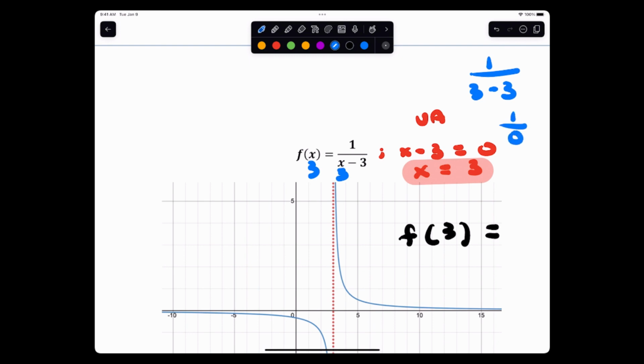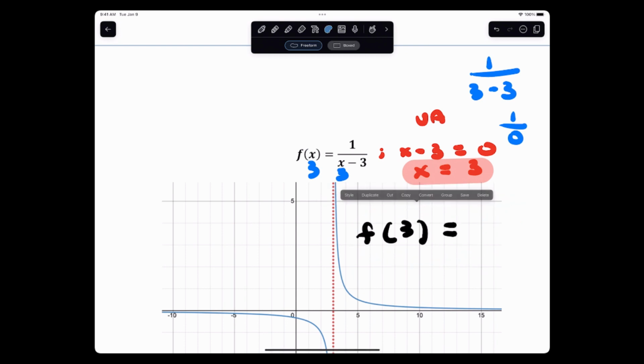What does that mean to have 1 over 0? Your function's undefined. Is that the same as does not exist? No, that's not the same. So I want you guys to understand, that's undefined. Okay? All right, you guys okay with that? So there's the difference between the approach, and then there's a difference between what? At the location.